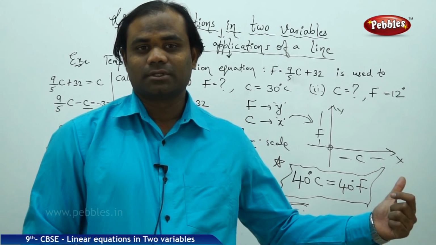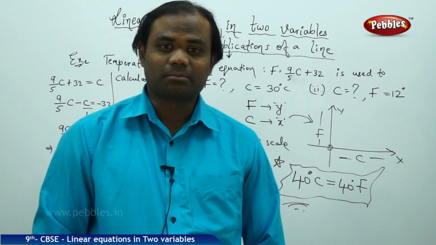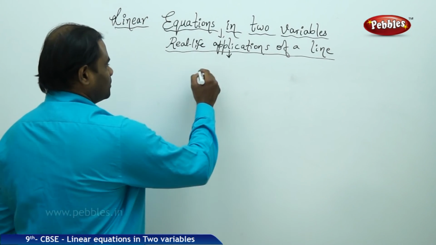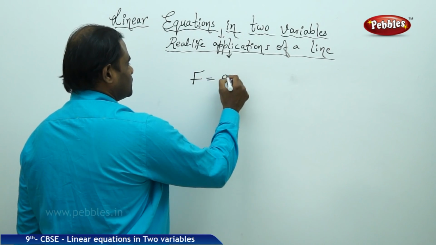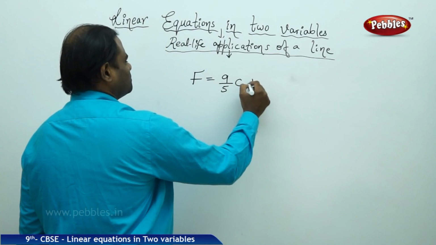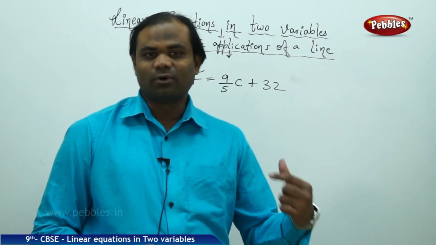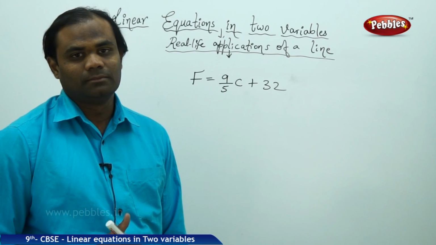Temperature conversion is one of the real life applications. Let's reconsider the example problem f equals 9 by 5 c plus 32, the temperature conversion formula in its linear form.